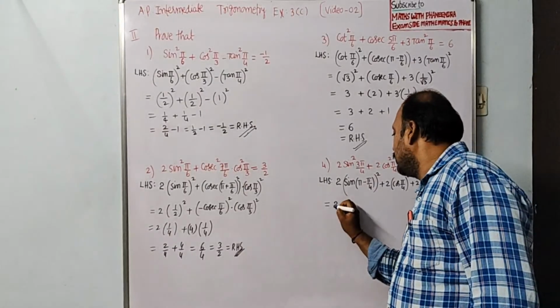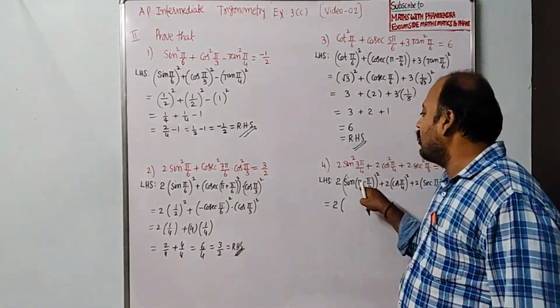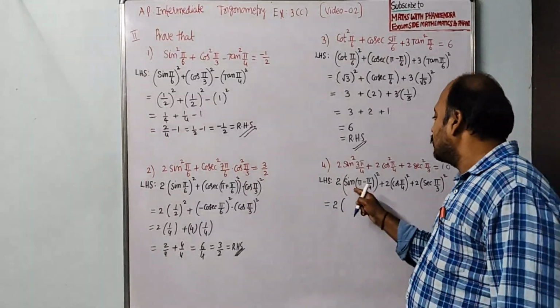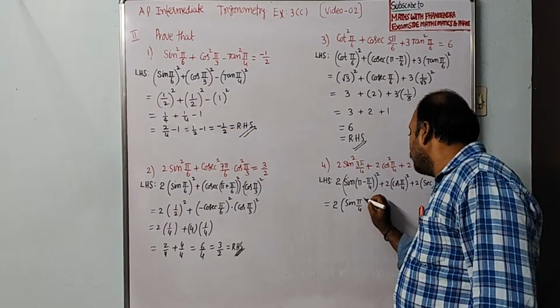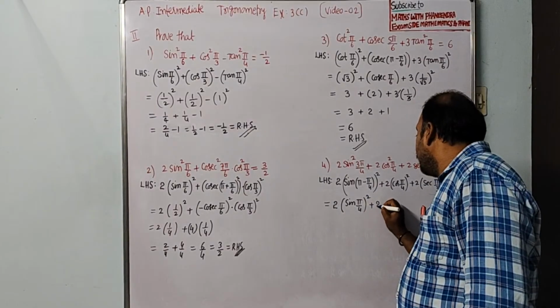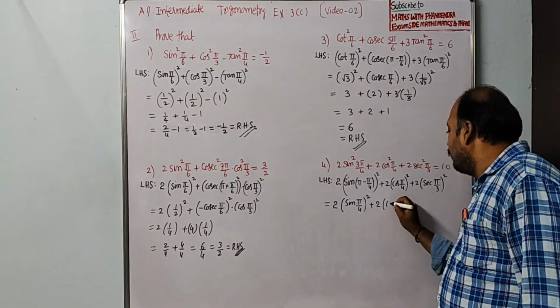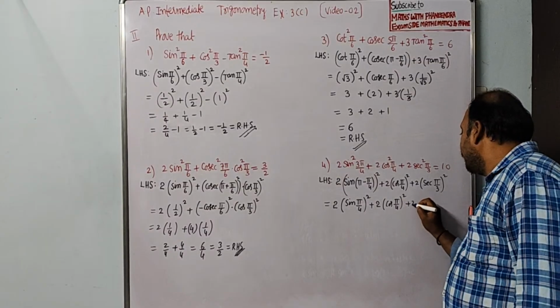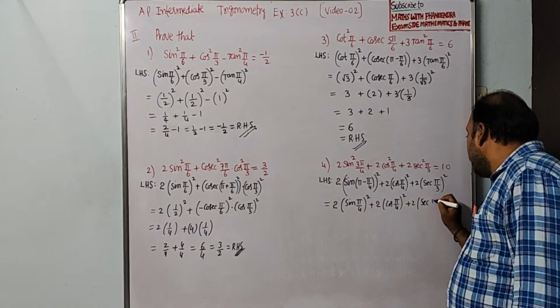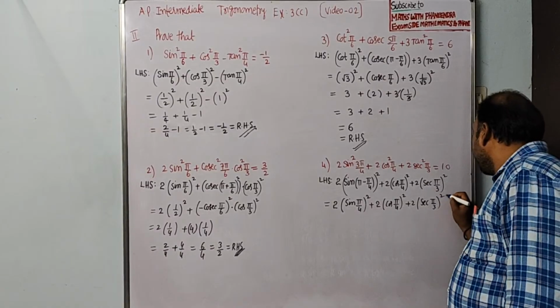So which is equal to 2 into sin of pi minus theta is sin theta. So sin pi by 4 whole square plus 2 into cos pi by 4 whole square. At a time, we'll write it all, dear students. 2 into secant pi by 3 whole square.